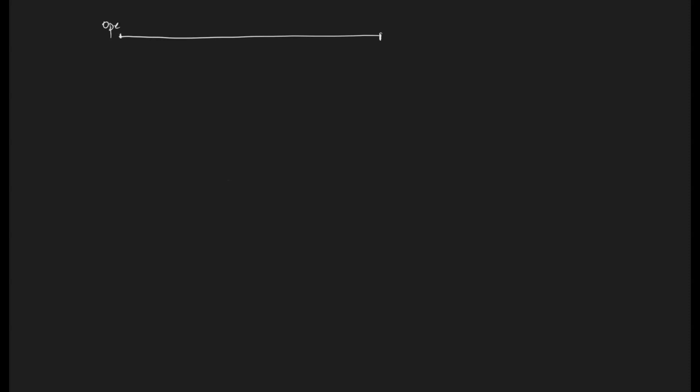So we open here and then we close here. Now we close here at a futures price that is equal to the spot. That is what we did. That is the assumption that we took.